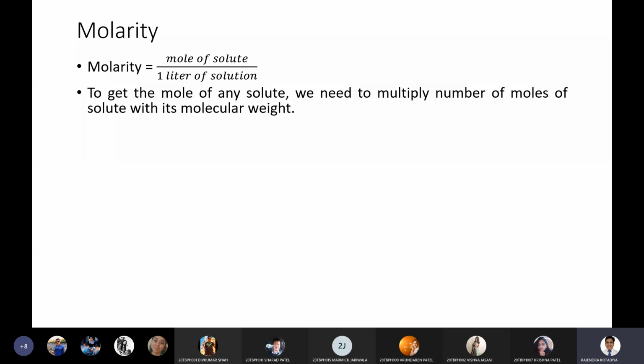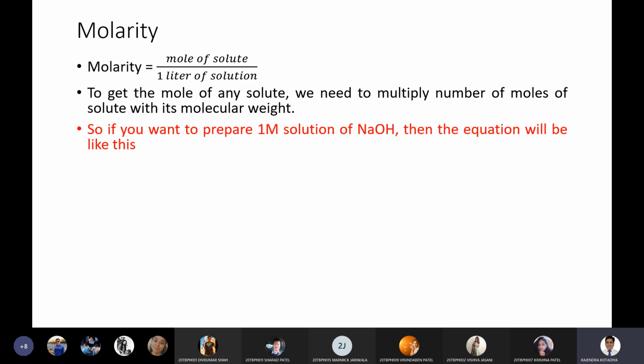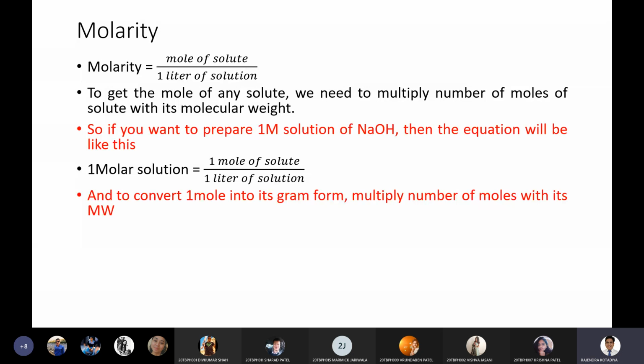So that is why you have to convert the moles of any solute into its gram form. To convert moles into grams, you have to multiply the number of moles of that solute with its molecular weight. So the equation will be like this for a 1 molar solution. In this particular case, you have to multiply 1 mole with the molecular weight of NaOH.